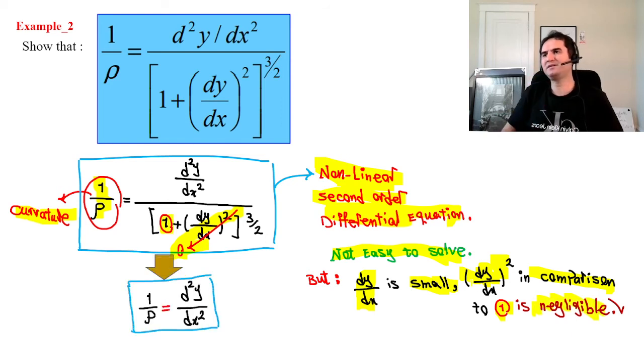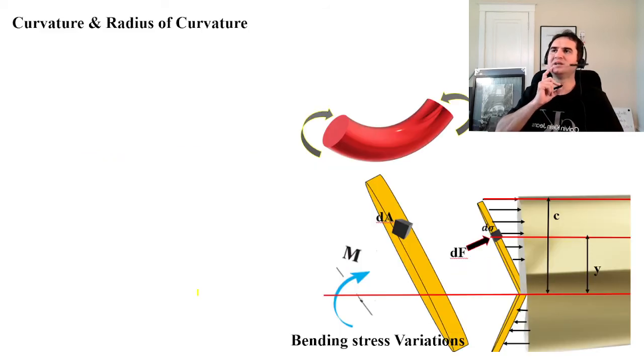So in that term, a nonlinear second-order differential equation turned into a simple equation: 1 over rho is equal to d squared y over dx squared. Things get more interesting when you combine it with the material of chapter 6 of this book, which is bending.